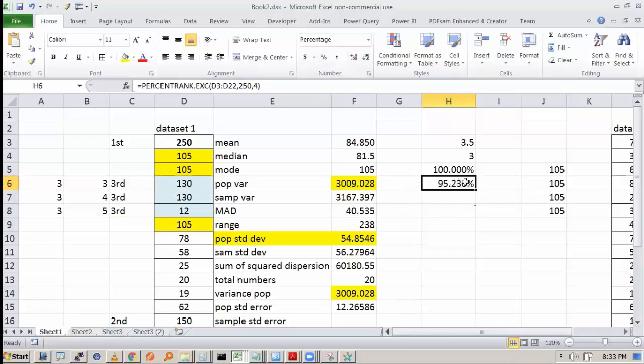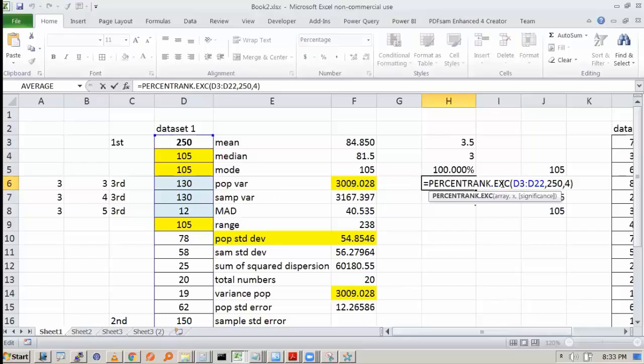How does this 95.23 come? It's a slightly complex way, but for now, ideally 19 people are below, so 95 percentile should be there. It takes the values in between also. So depending on your requirement, you want to include or exclude.